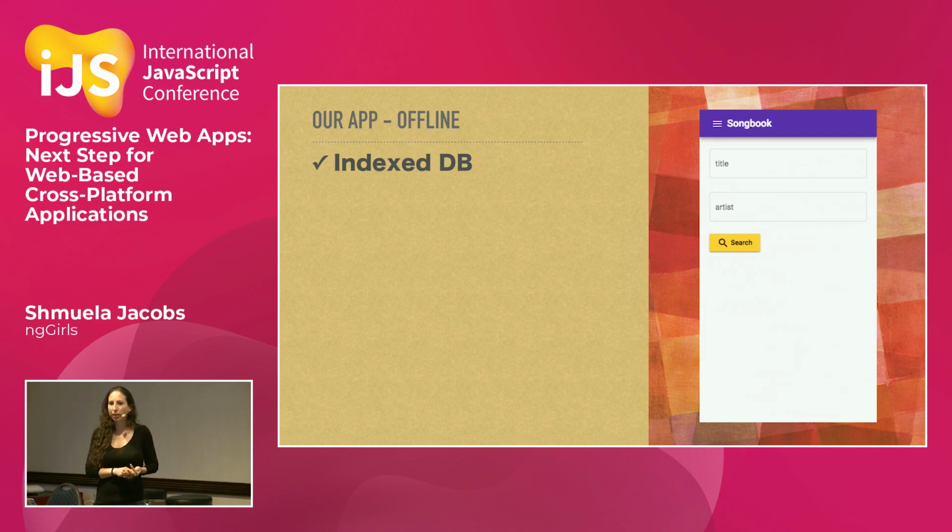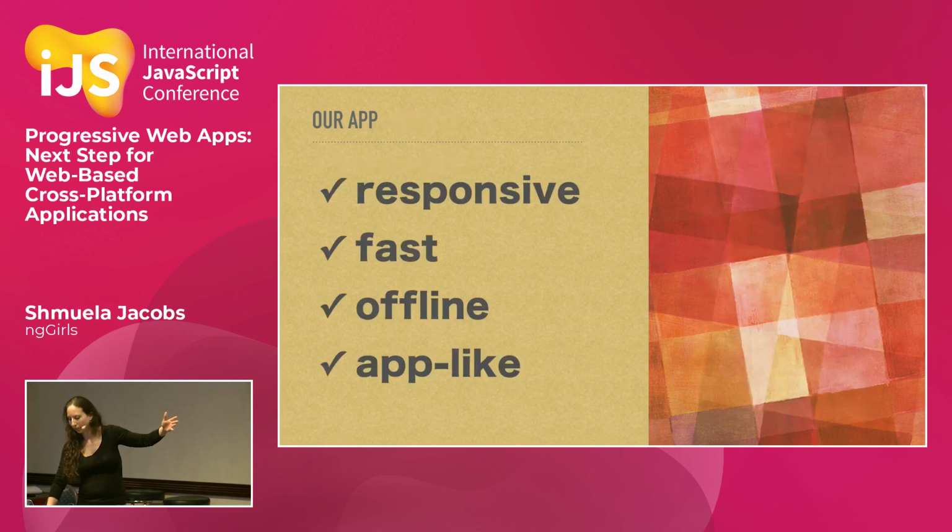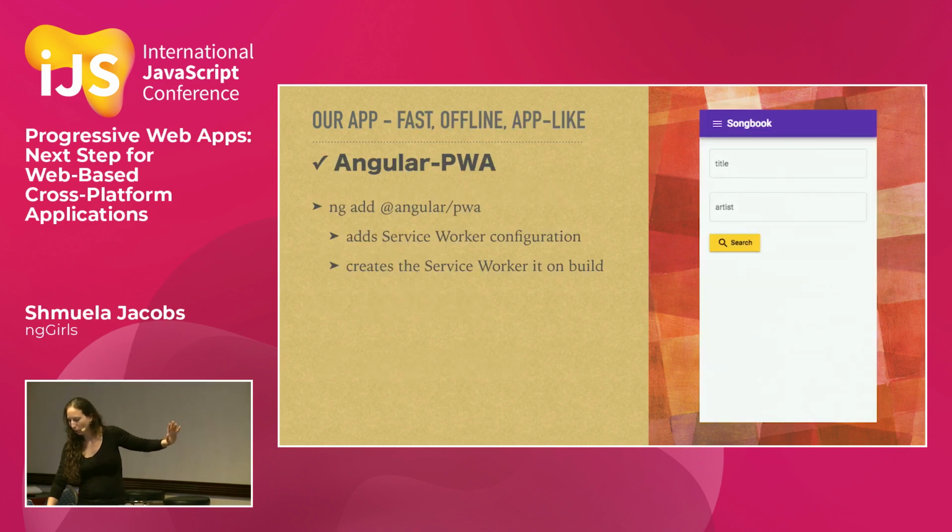But we'll talk more about offline in the next section, because we also want the lyrics themselves to be offline. And we'll talk also about app-like. So what does it mean, app-like? Installable. We can install the application.